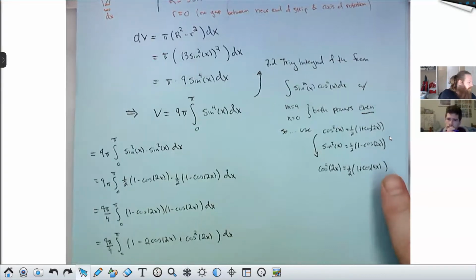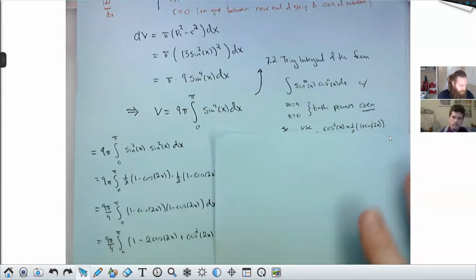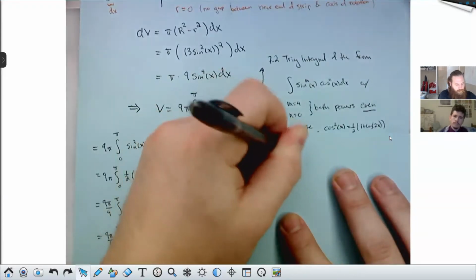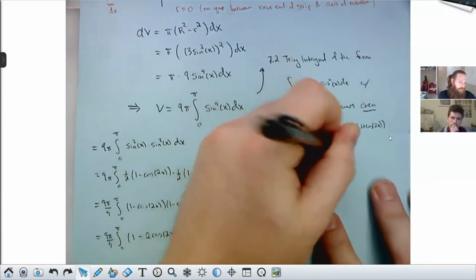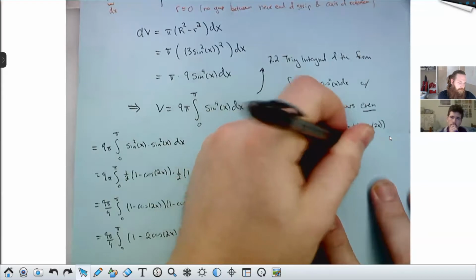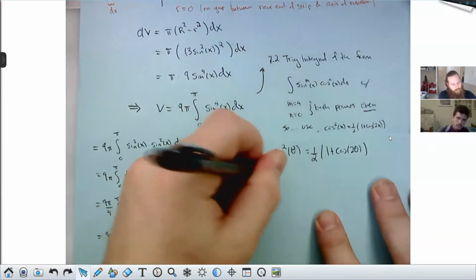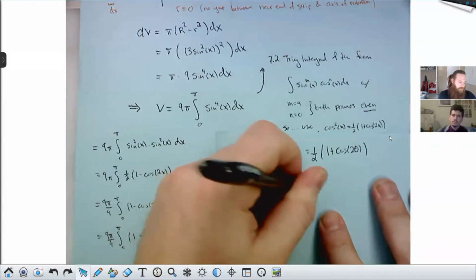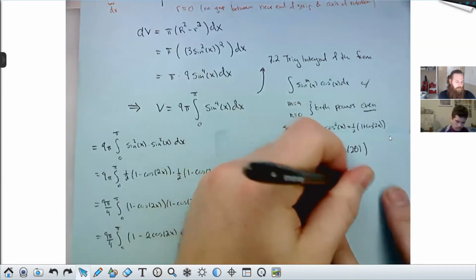It can be easier to see if we step to the side for a minute and think about it. If I rewrite these identities using a different variable, let me write it like this: cos squared of theta equals 1/2 times 1 plus cos of 2 theta. Then if I plug theta equals x, I get the normal one: cos squared of x equals 1/2 times 1 plus cos 2x.